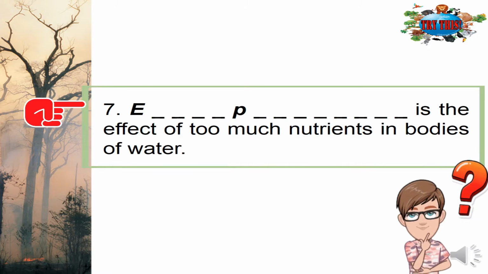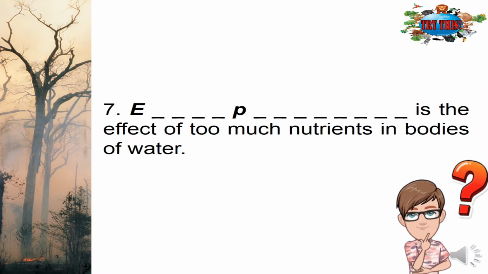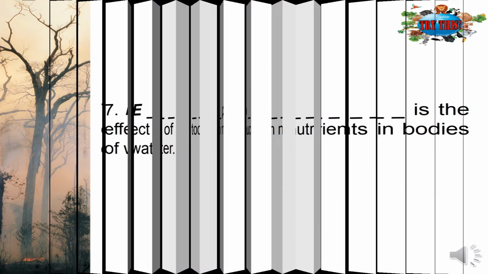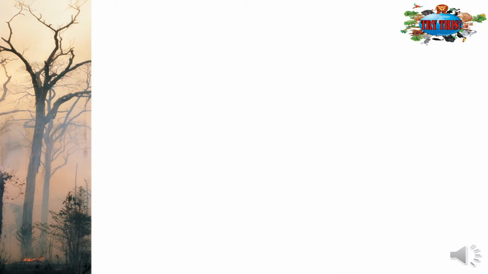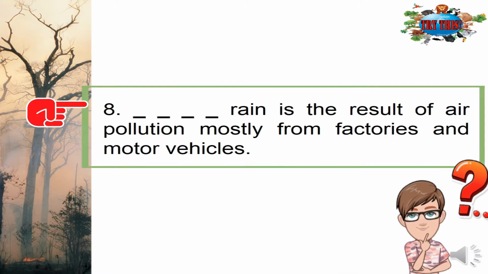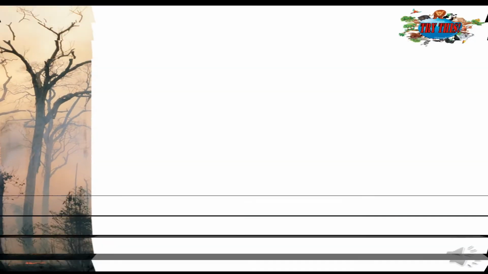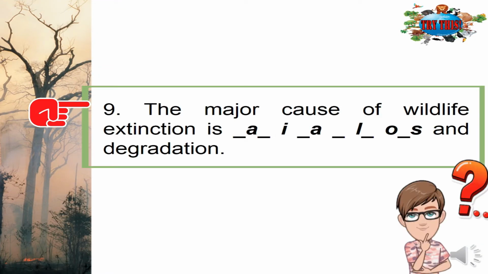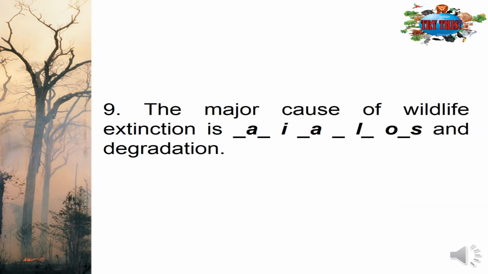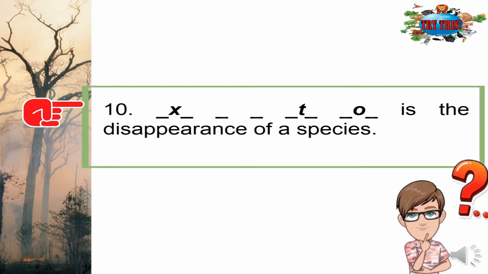Blank is the effect of too much nutrients in the bodies of water. 8. Rain is the result of air pollution, mostly from factories and motor vehicles. 9. The major cause of wildlife extinction is degradation. And number 10 is the disappearance of a species.